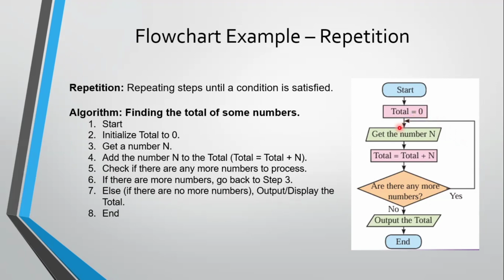It keeps spinning in the loop until the answer is no. And then it finally outputs the grand total. So, this is the algorithm of it. You can also check the flowchart with this algorithm to understand the step by step procedure.